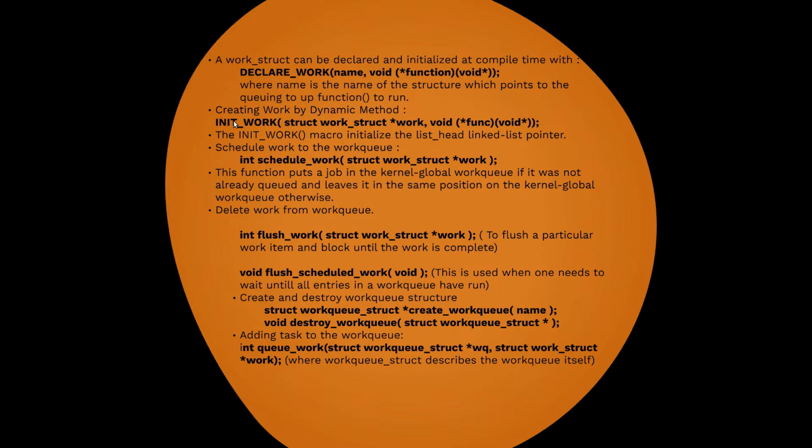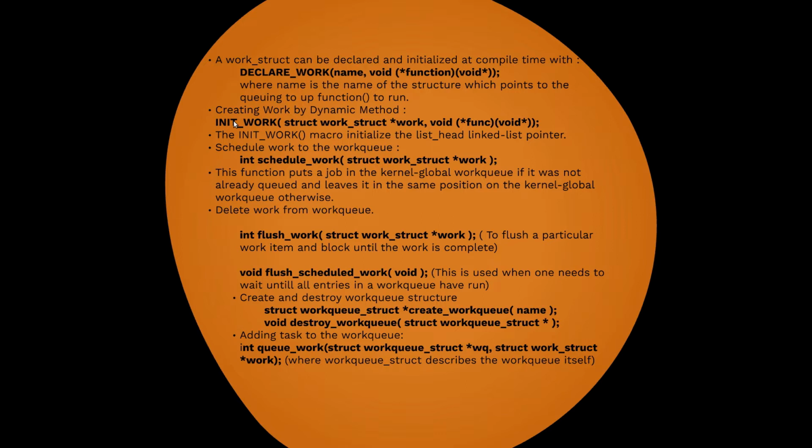The first argument is the name of the structure, and the second points to the function to run. This is the static method. These are different calls, so I don't want you to mix them up, so we will do them one by one.